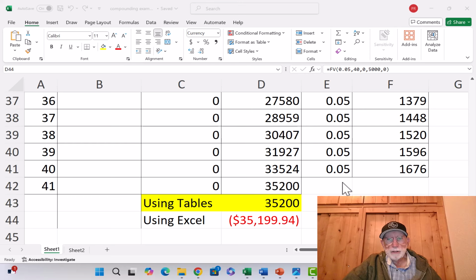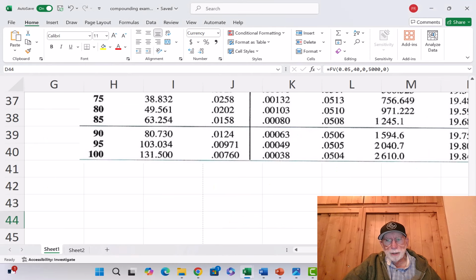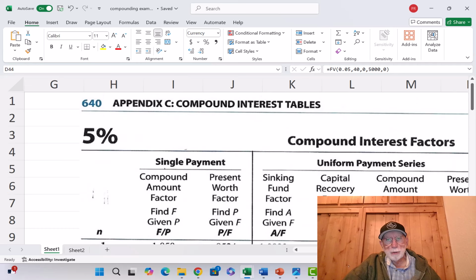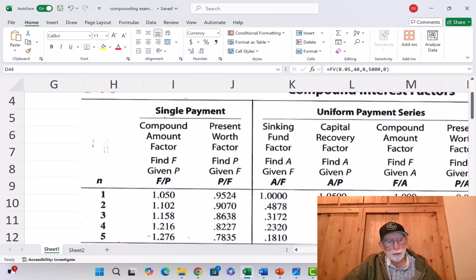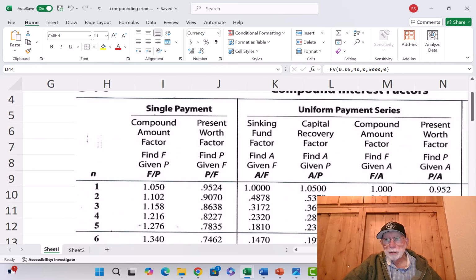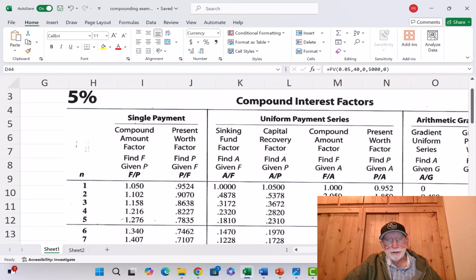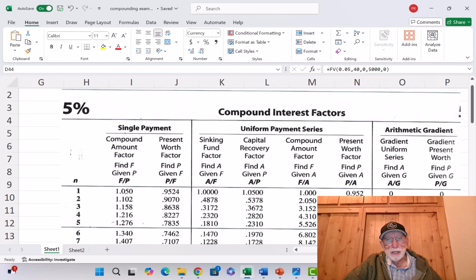Using the factor notation, we have tables that are available in the back of your book or at the end of your ebook. You have to scroll to get to them. In this case, just to very quickly demonstrate, you would go to the 5% table.